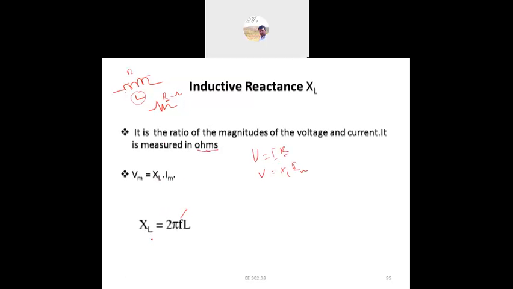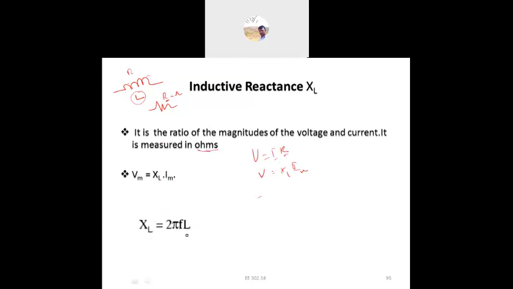Okay, XL is equal to 2 pi f L. If you want to find the inductive reactance, we have to know the L value in henries, and the f value, that is, the frequency.